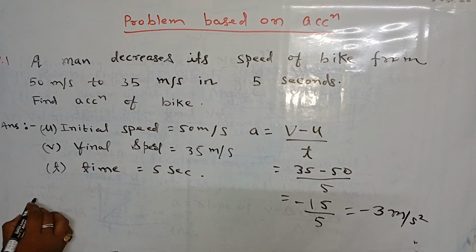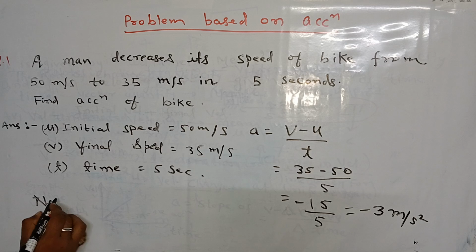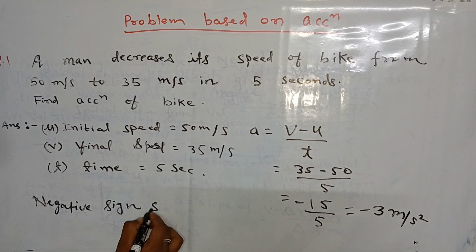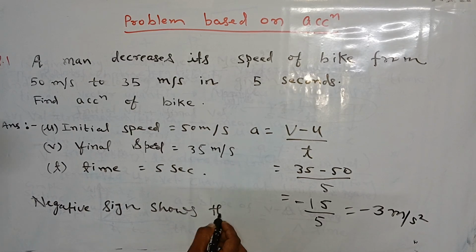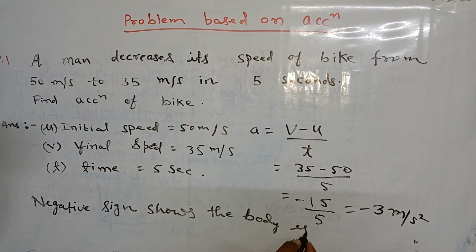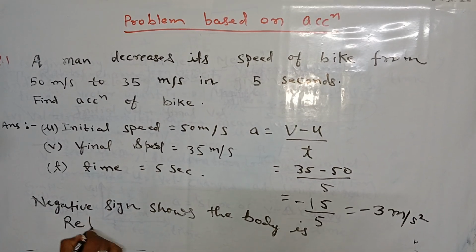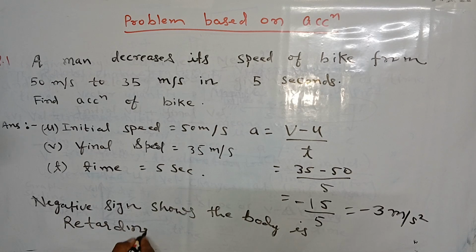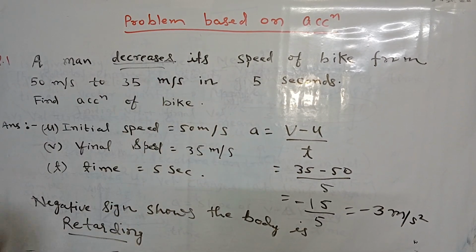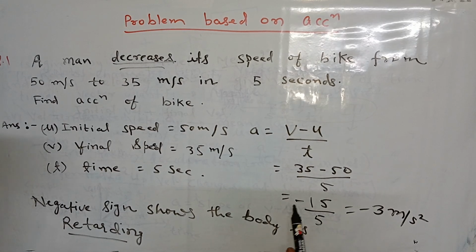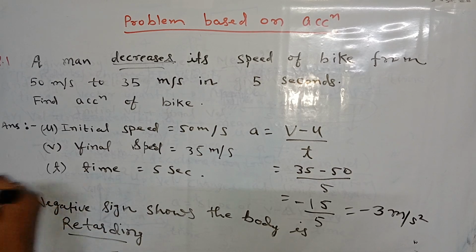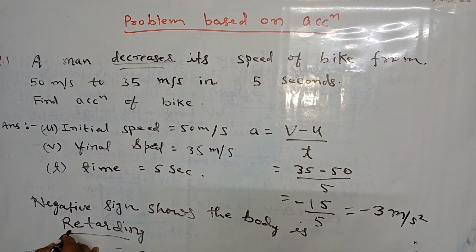This negative sign shows that the body is retarding. Retarding means the speed is decreasing. So this negative sign shows the body is decelerating its motion, which means it is retarding.